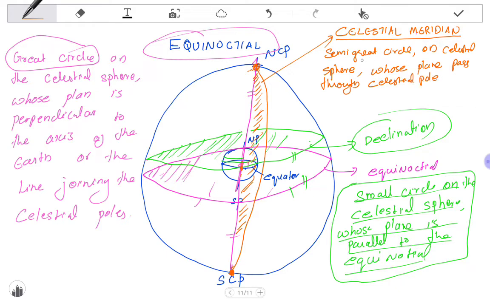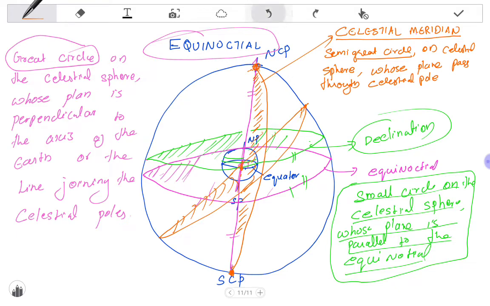Since it is already written great circle, that means it is passing through the center, right? But we can draw many semi great circles, right? We can draw many semicircles, but do these semicircles pass through the north or south celestial pole?